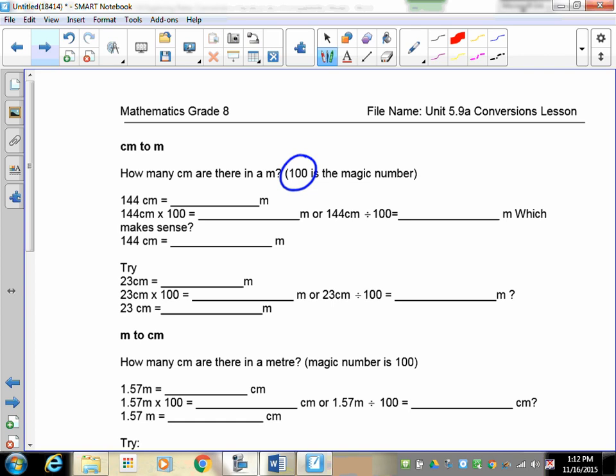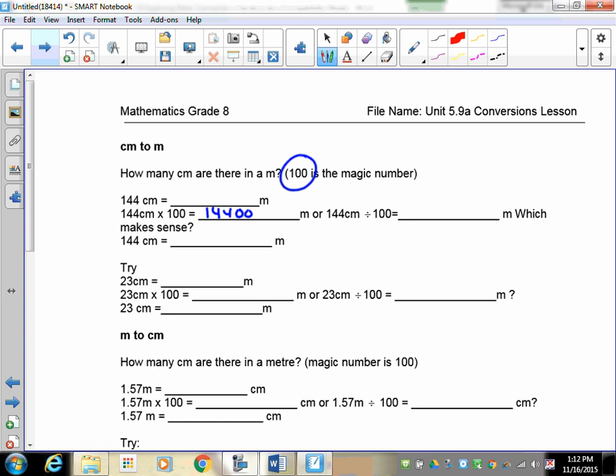So we want to find out 144 centimeters is how many meters. So let's talk about multiplication. If I multiplied 144 by 100, I get 14,400 meters. Now remember, we're talking about 144 widths of your pinky.